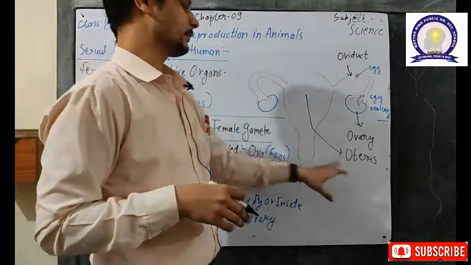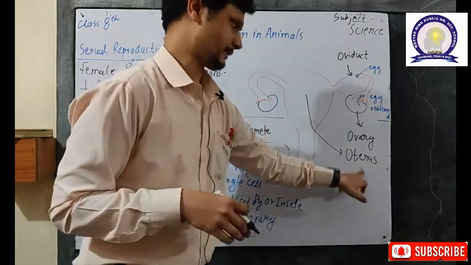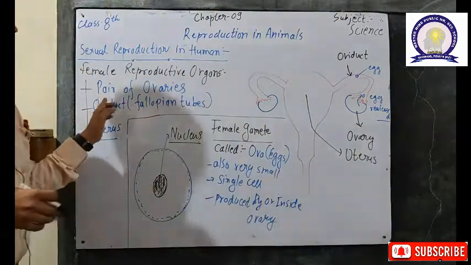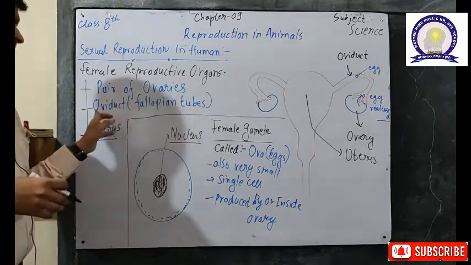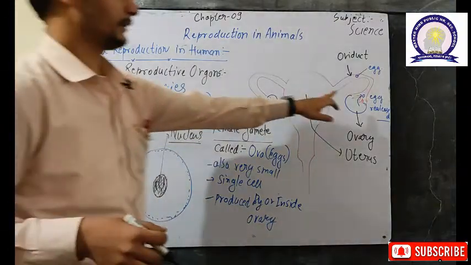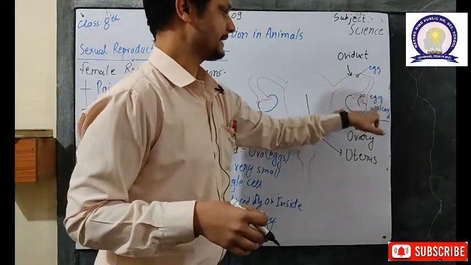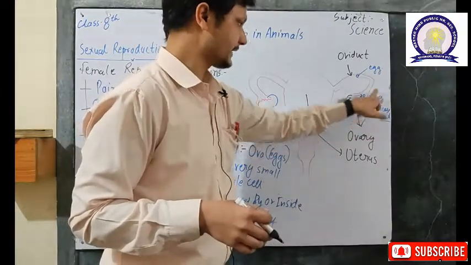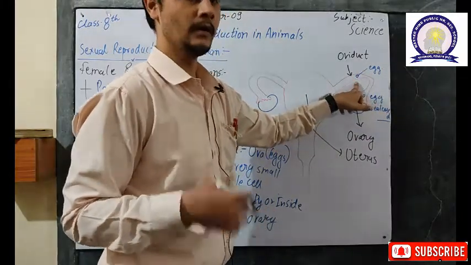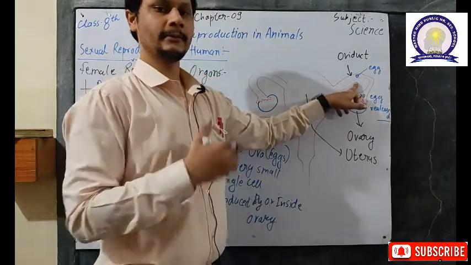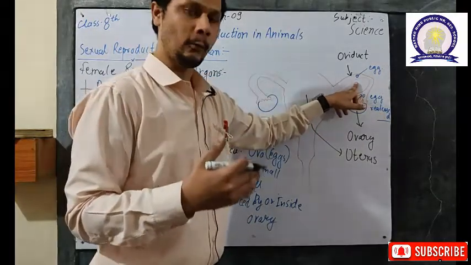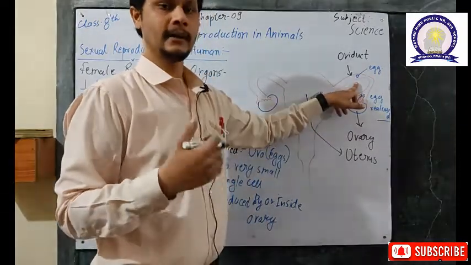So what is the womb? Womb is another name for the uterus. Here are the major reproductive organs in the female: a pair of ovaries and the oviduct, or fallopian tube. Here these are the ovaries, this is the oviduct, where the egg is released by the ovary and is carried inside the fallopian tube. Inside the fallopian tube a further process called fertilization takes place, which we will study in the further section.